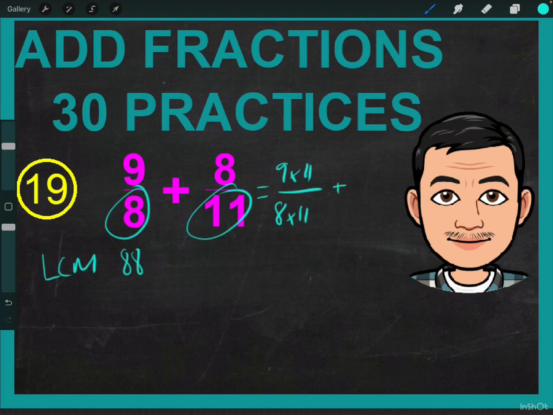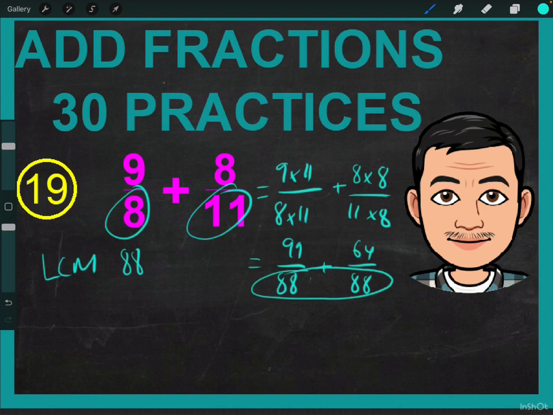For the second fraction, we times 8 to 8 and then 11 times 8. So we got 99 over 88, add 64 over 88. They have the same denominator now, so we will add 99 and 64, and we got 163 over 88 as the answer.